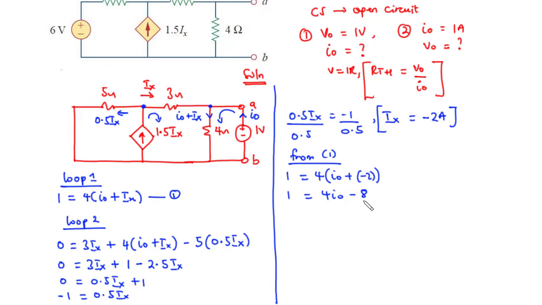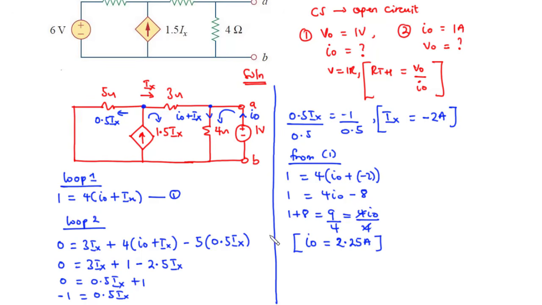So we transpose negative 8 to the left hand side. We have 1 plus 8, which is equal to 9, and that is equal to 4 I0. We divide through by 4, and then we have I0 equal to, now 9 over 4 is 2.25. So this is the value of I0.